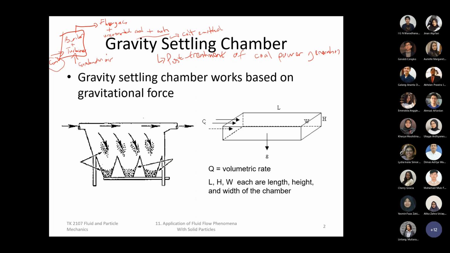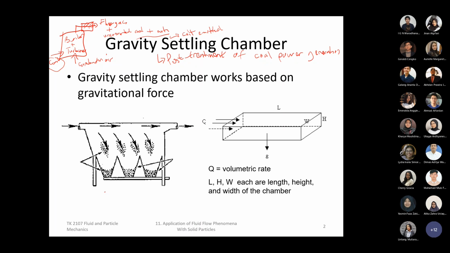So before they emit this kind of flue gas, it's common to have a post treatment to eliminate this kind of dust, a particle removal. The most traditional one is simply using gravity settling.